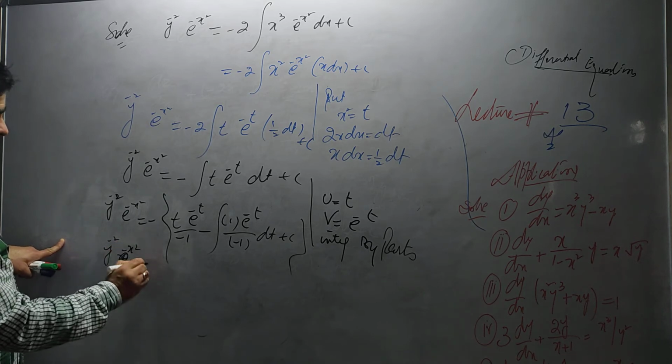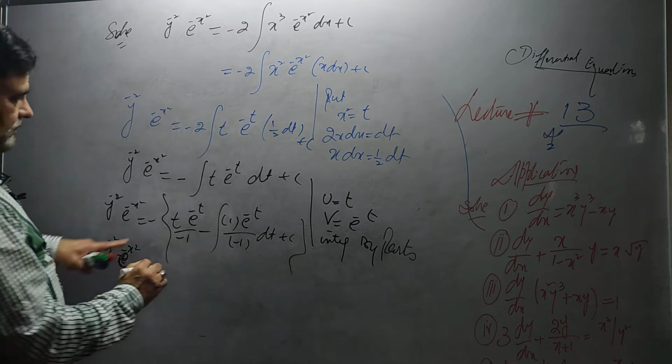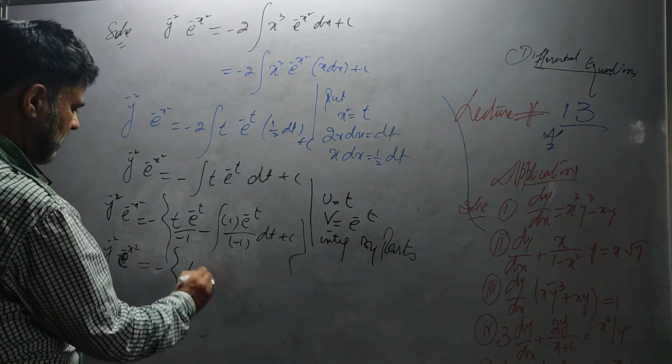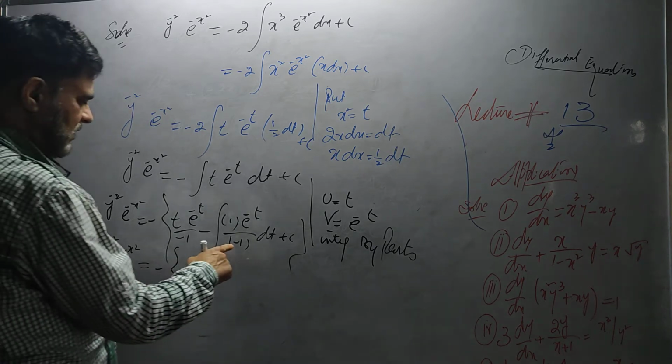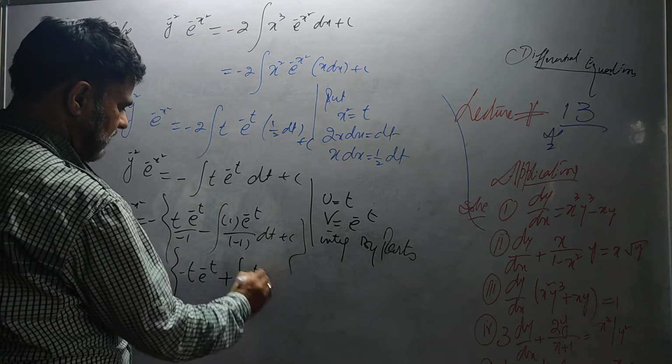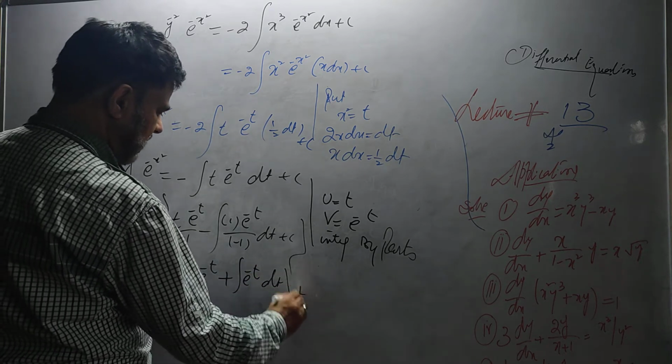Then this is y raised power minus 2 e raised power minus x square, I will write minus outside. This is minus t e raised power minus t, minus plus integral of e raised power minus t dt plus c.